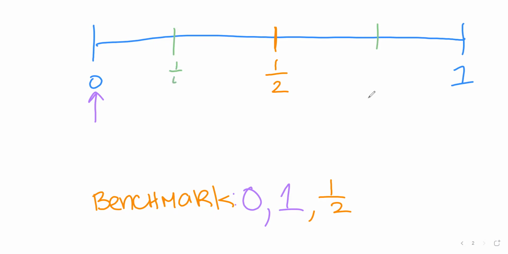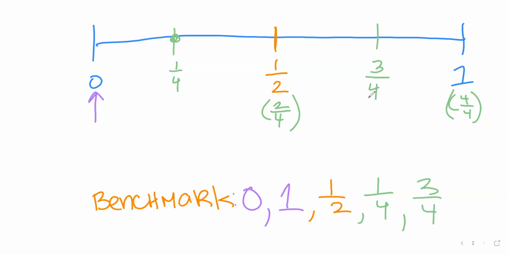This would be 1/4. This would be 2/4 or 1/2. Those are equivalent. 3/4, 4/4. So then we also have this idea of fourths, like 1/4 here, or even 3/4 here. These are also places we can play around with our benchmark to be more accurate.